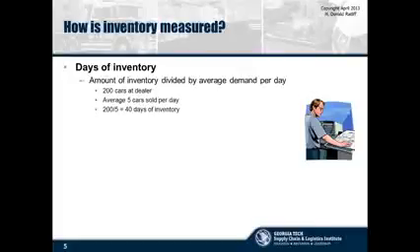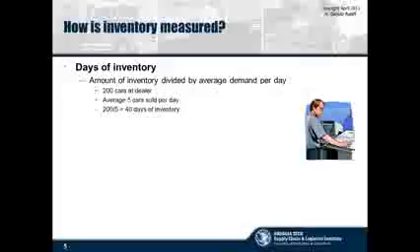It's a simple concept. A day of inventory is the amount of product I would sell in a day. Since demand is not necessarily constant, generally we'll think about an average day.